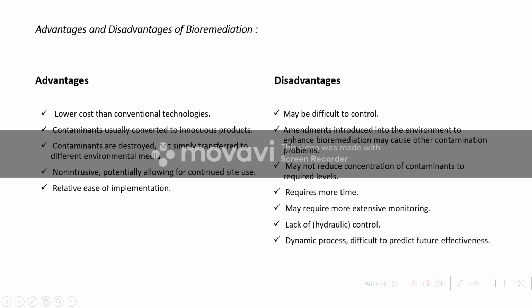Amendments introduced into the environment to enhance bioremediation may cause other contamination problems, may not reduce concentration of contaminants to required levels, requires more time, may require more extensive monitoring, lack of hydraulic control, dynamic process difficult to predict future effectiveness.